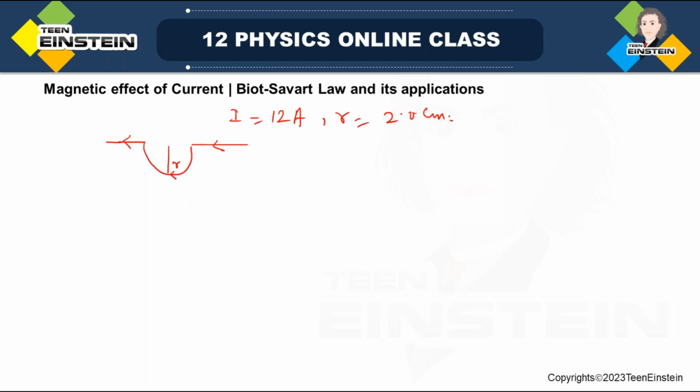Now we have to find out the magnetic field and its direction at the center of the arc. That means here. If this is the center of the arc, look what happens. The magnetic field due to this straight part will obviously be 0. Only the magnetic field due to this curve matters, and I have to first see its direction.